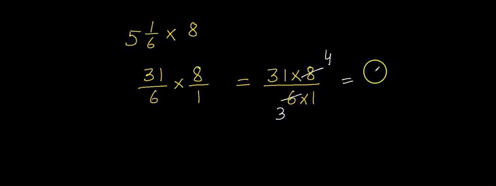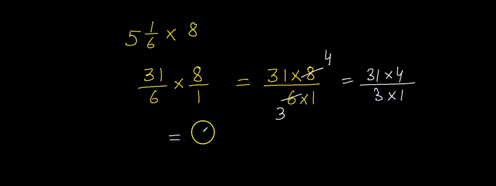That would be equals to 31 times 4 over 3 times 1. And then 31 times 4 equals 124, and 3 times 1 equals 3. Then we can simply write it in a mixed form, and that would be equals to 41 and 1/3.